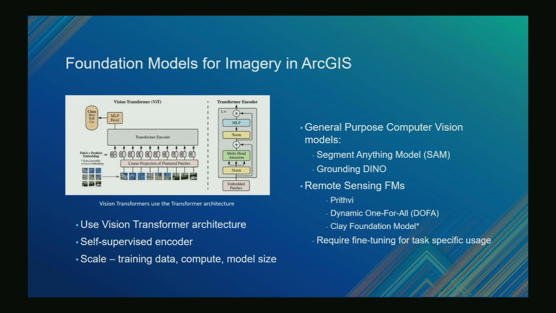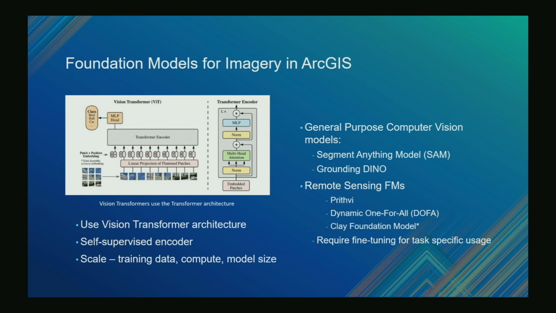Segment Anything lets you do a pixel classification or a segmentation of any object, not specific objects. Like you're not segmenting land cover alone or segmenting trees alone. It could be anything. And similarly, Grounding DINO, we'll talk about that. That was another general purpose open set object detector.